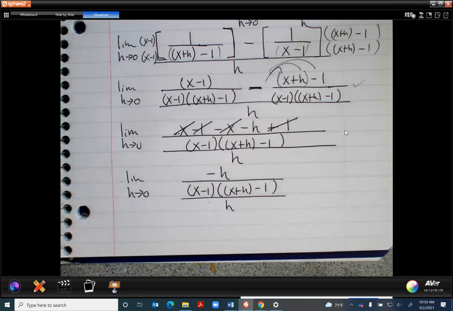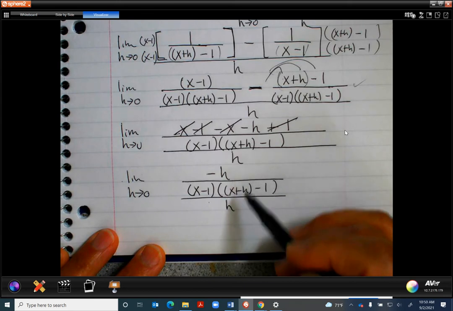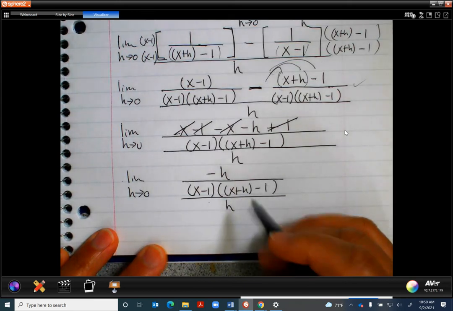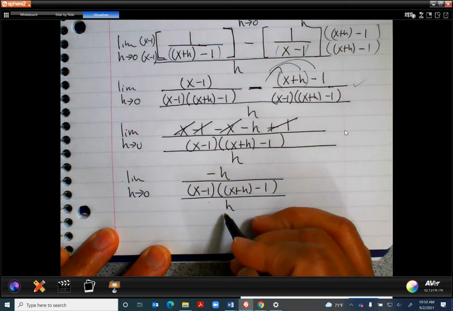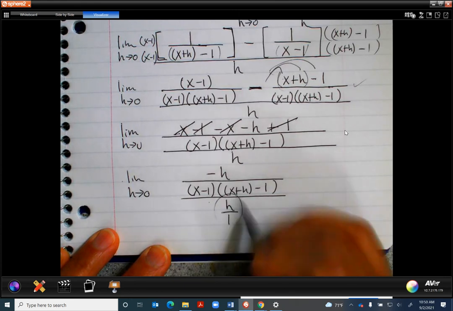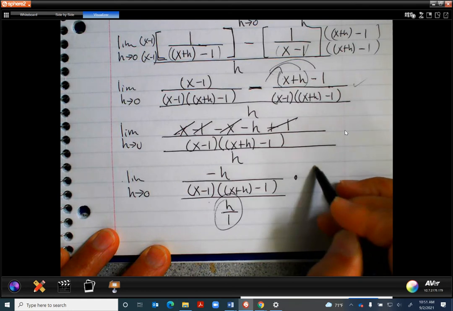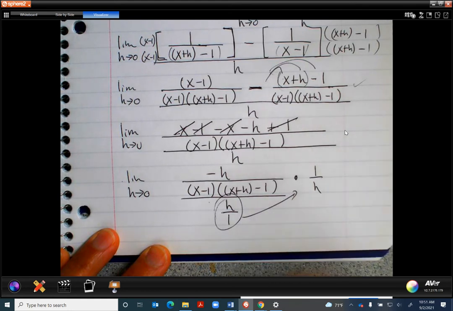All right, we just had something similar to this on your test. How do I simplify? Stay with me. I will let you copy. How do I simplify this fraction over h? Remember, h is the same thing as h over 1. So what do I do? Multiply by the reciprocal, which is 1 over h. It goes like that, right?